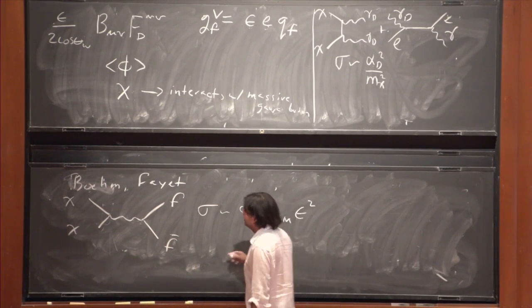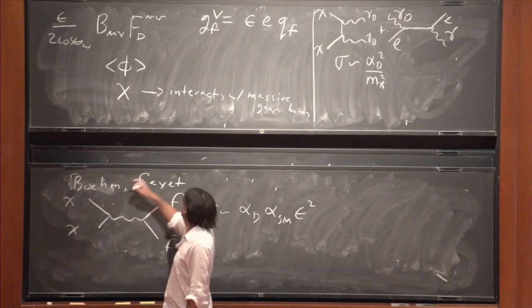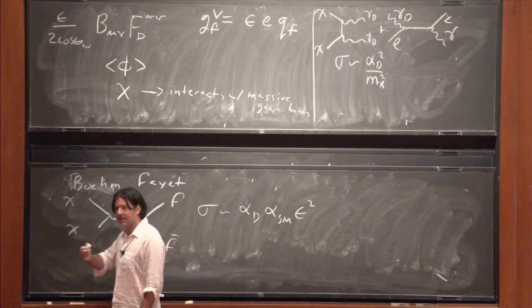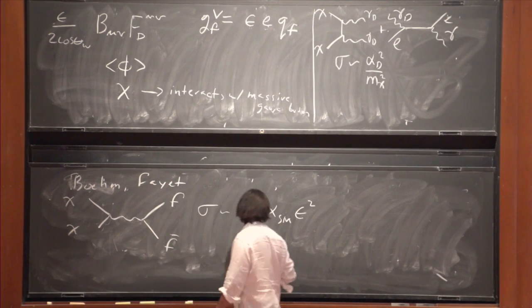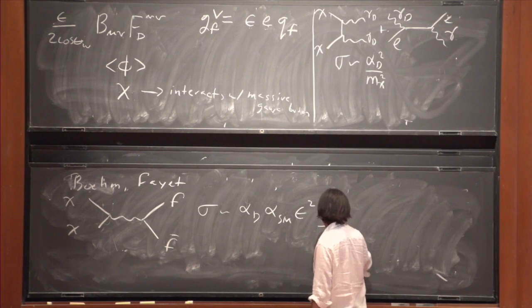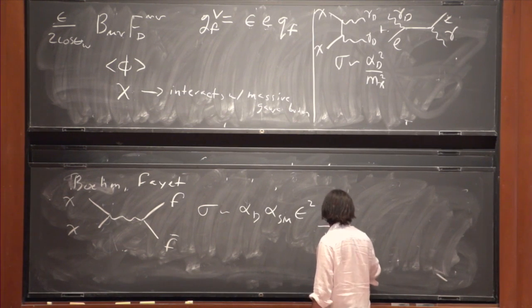And then, since we're assuming that that process doesn't happen, these dark matter particles have to be lighter than the dark photon. So this whole thing goes like m dark matter over m dark photon to the fourth.